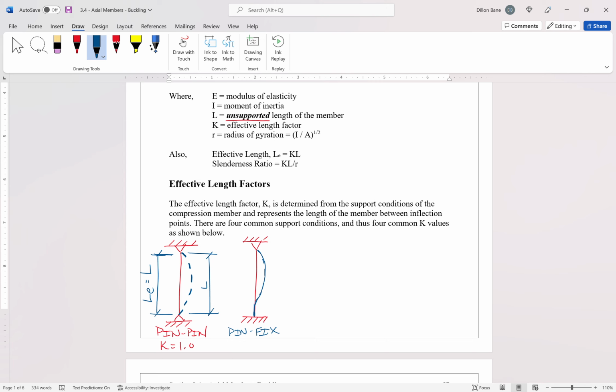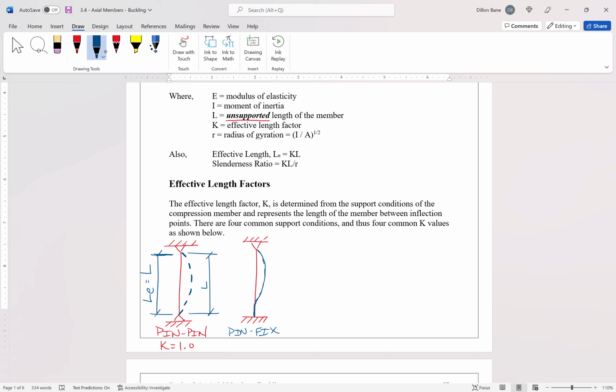So our buckled column essentially becomes shorter, because if you can see the curve down here at the bottom of this column, it is concave to the right, I guess, on the picture that we've drawn.